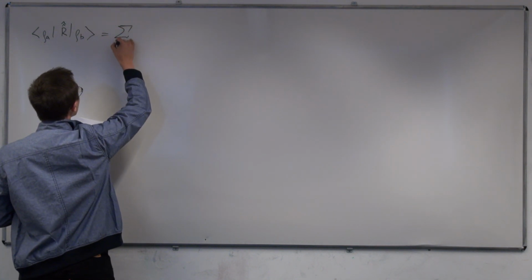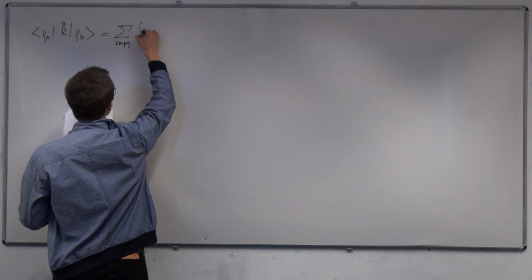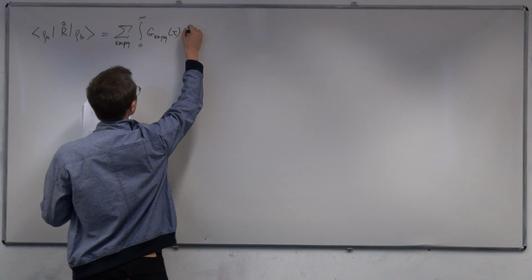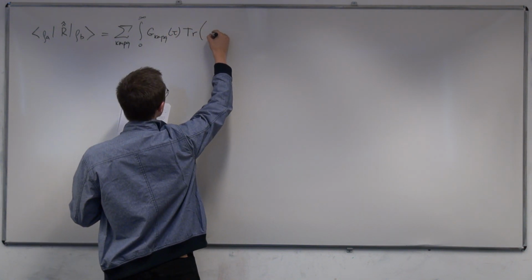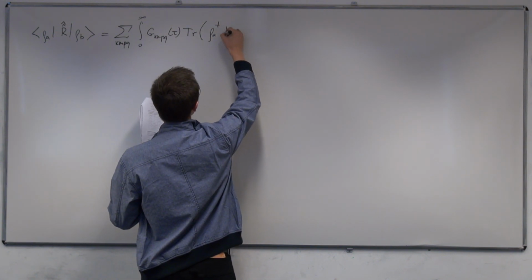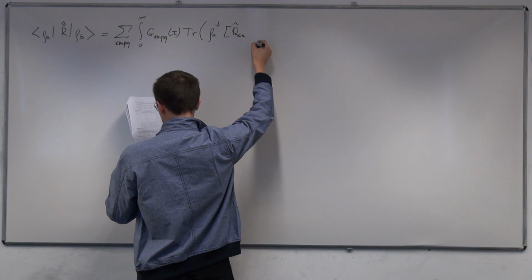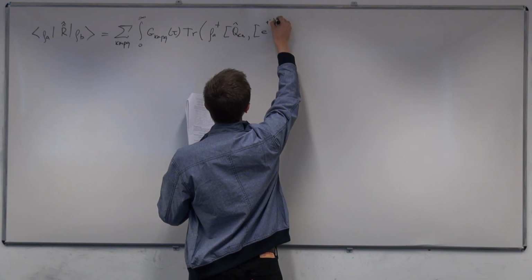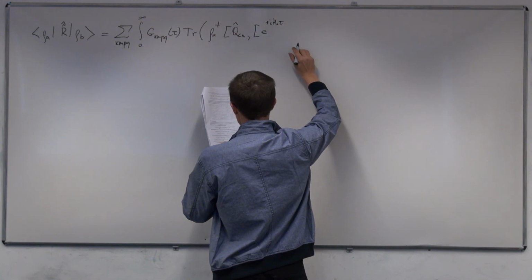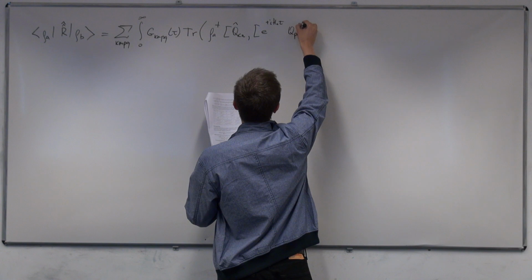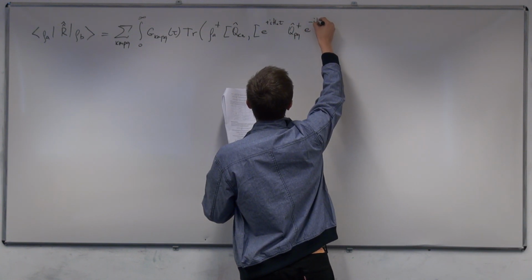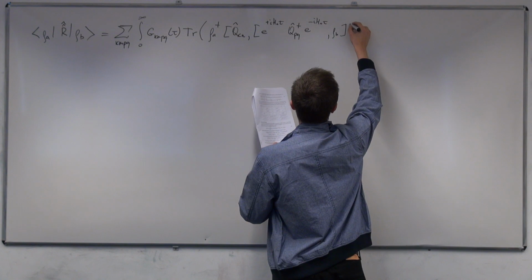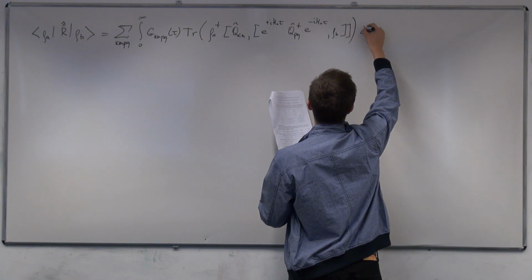It will be a sum over k m p q, integral from 0 to infinity of g k m p q of tau, then a trace, which is a scalar product in Hilbert space, rho A Hermitian conjugate, then Q k m, one of our rotation basis operators, commutator with e to the plus i H naught tau, where H naught was our static Hamiltonian, then Q p q Hermitian conjugate, then e to the minus i H naught tau, commutator with rho B, then closing the commutators, then the trace and d tau.